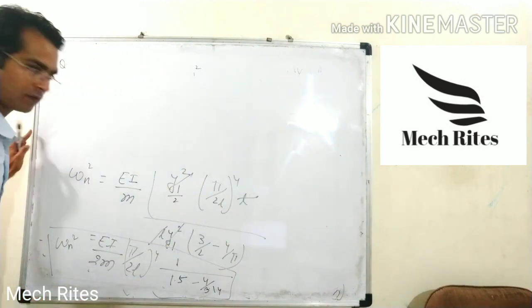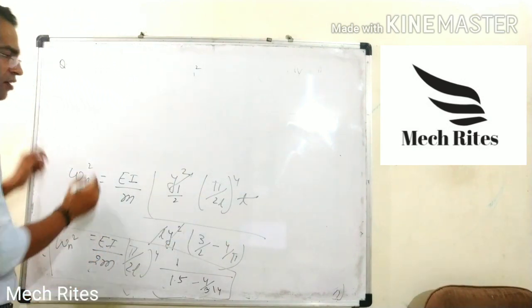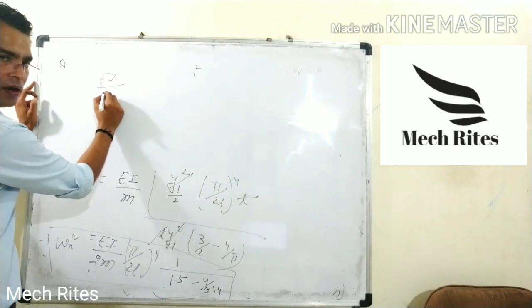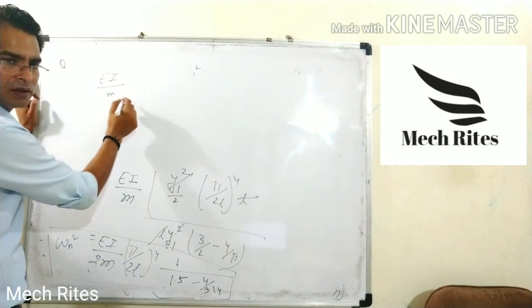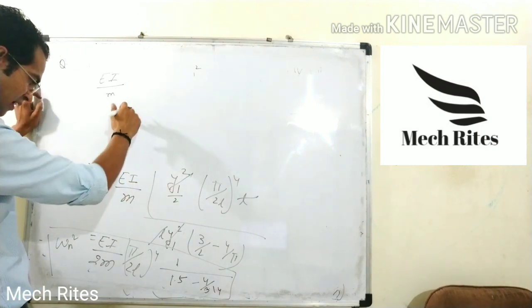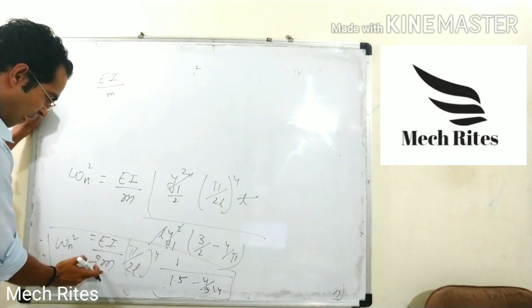So its value will be EI by m, and on the upper side we may write 2 to the power 5.